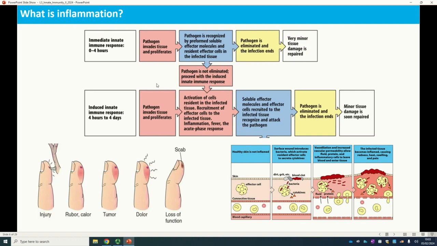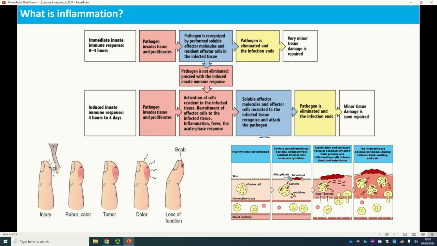This will be activation of our resident immune cells, so activation of our macrophages, and we'll start to get inflammation, potentially fever, and the induction of the acute phase response. We'll get soluble effector molecules being formed as well, and then hopefully we'll get elimination of the pathogen. But failing that, we would then move on to the adaptive immune response, which is something that we'll talk about next week, I think.